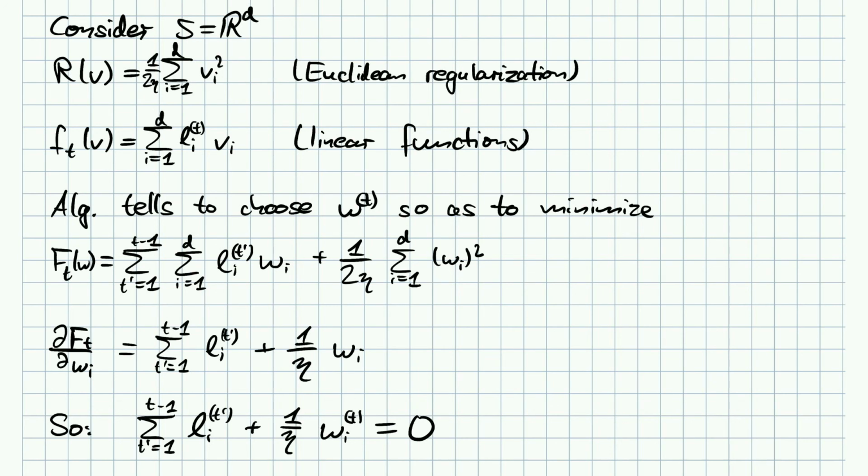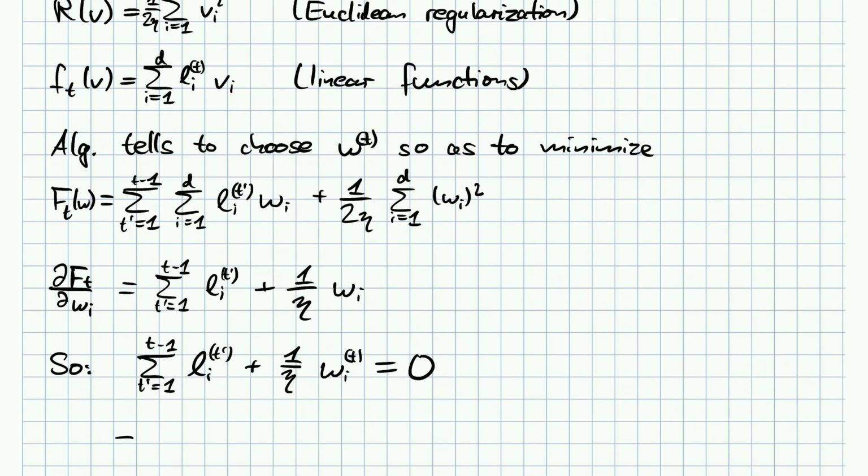And this means that w_i,t is nothing but minus eta times the sum of the l_i,t prime.